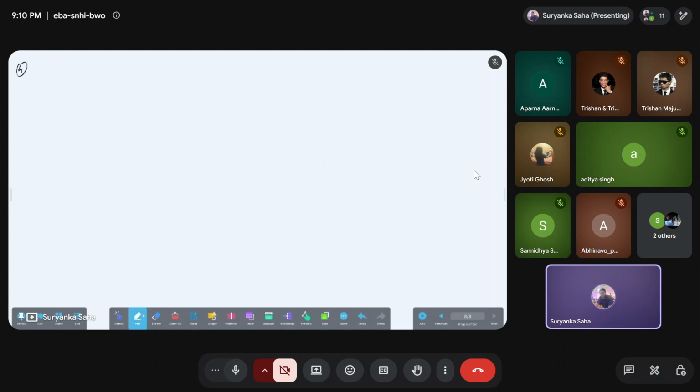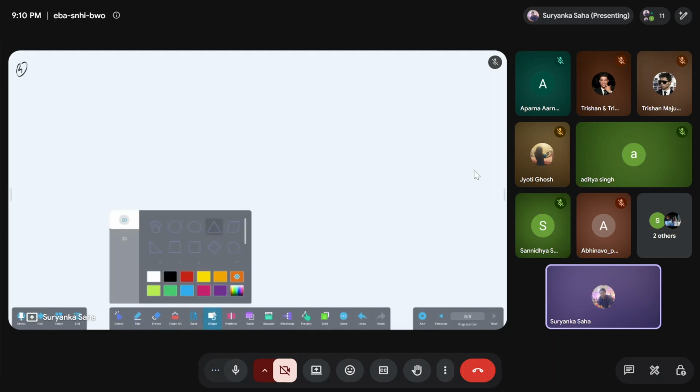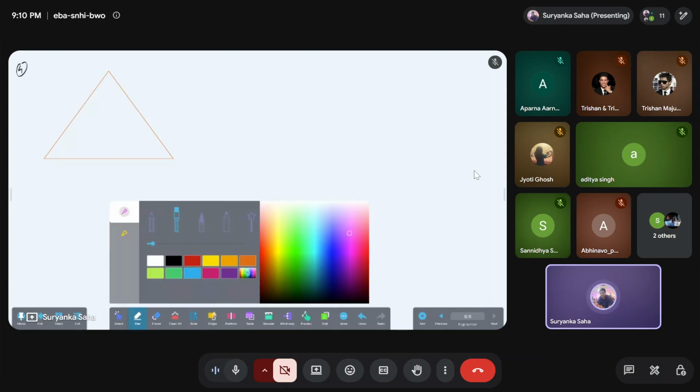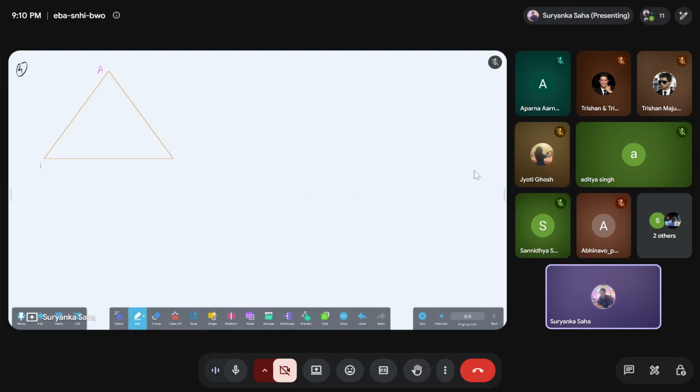Let me draw an isosceles triangle, A, B, C. Now in this isosceles triangle, the equal sides are 17 centimeter, and the area is given, 120 centimeter square. So find the perimeter.